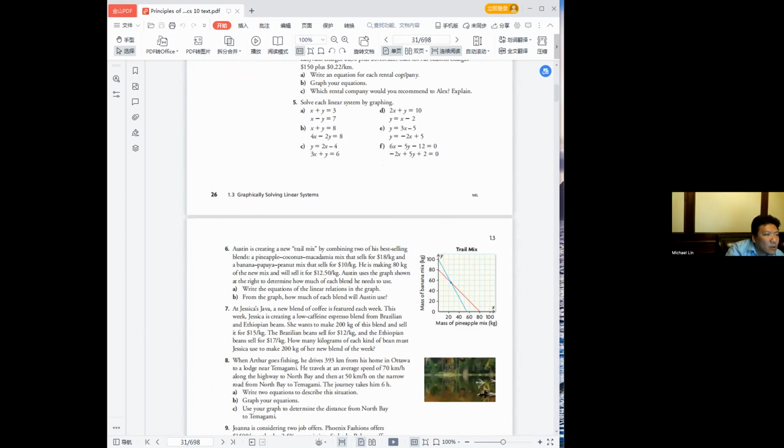Okay, so let's try and solve one of these by graphing. I'll try my best to sketch it as accurately as possible. The first thing that I like to do is always rearrange it into the slope-intercept form. I just like it a lot more.